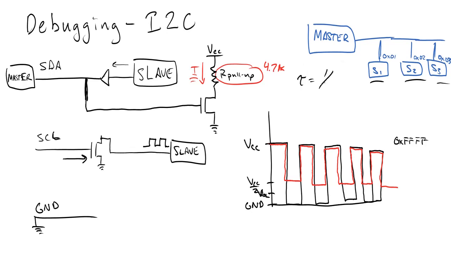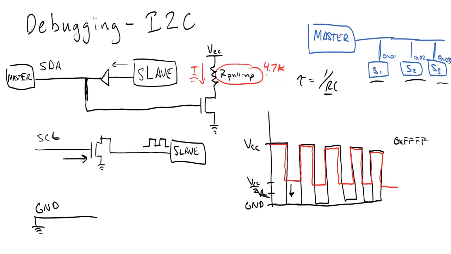I think it's 1 over RC. Basically this R is too big. It's making the time constant too long, so you're not giving it enough time to get all the way down to ground. So what we can do is step this down.